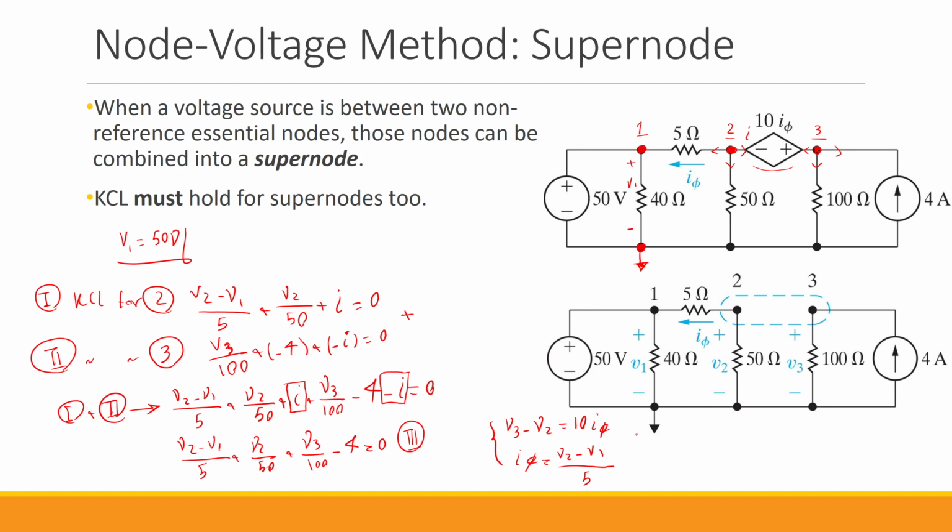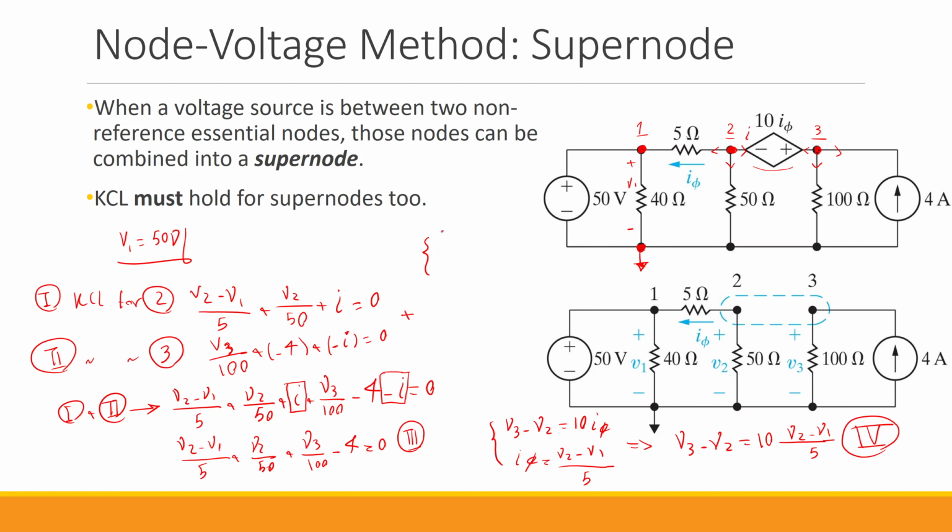So the conclusion based on these two equations is that V3 minus V2 equals 10 multiplied by V2 minus V1 over 5. So this will be our fourth equation that we have.